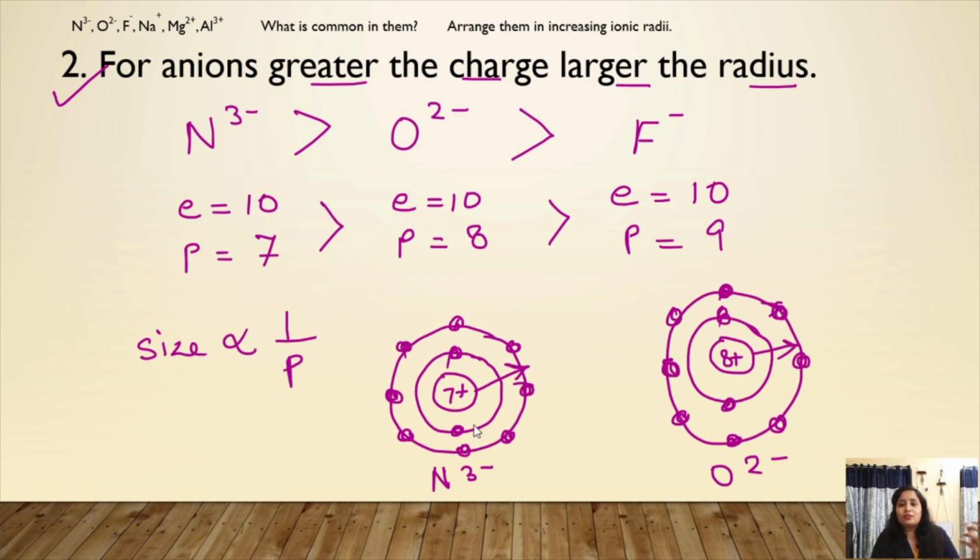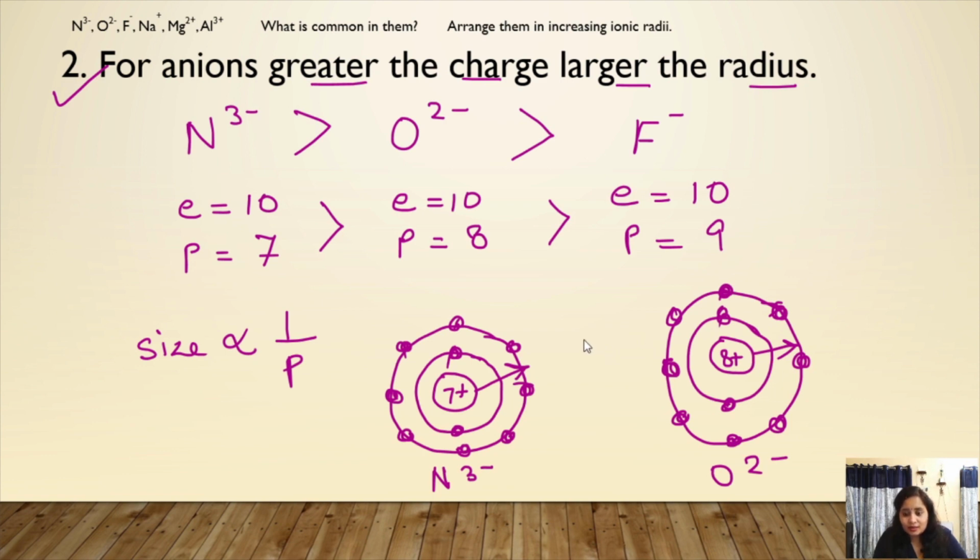The force of attraction is more in case of oxygen ion. So more the power, more the attraction felt by the outermost shell, and it will come closer to the nucleus with more power. So the size of oxygen ion will be smaller in comparison to the nitrogen ion.